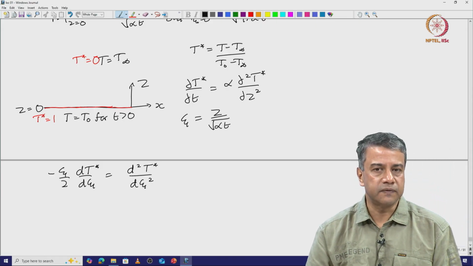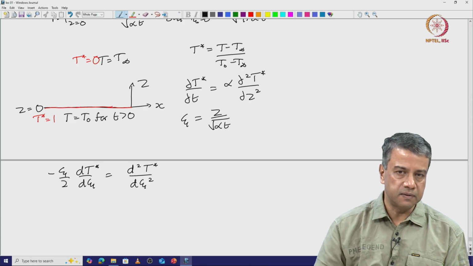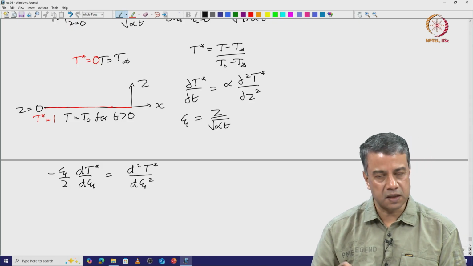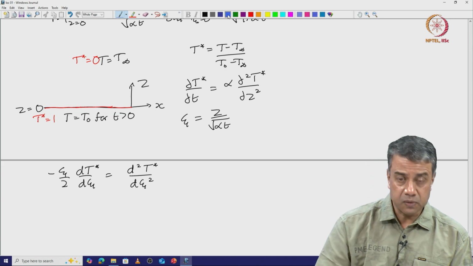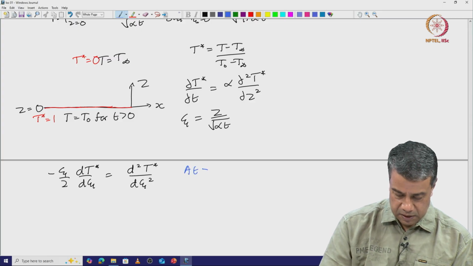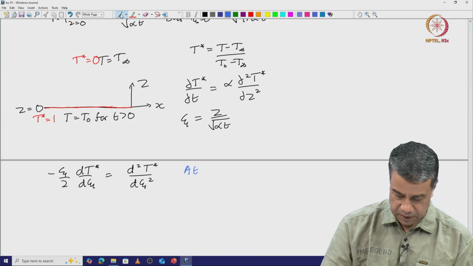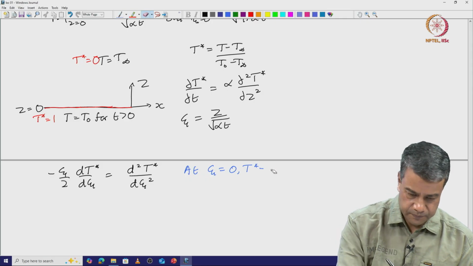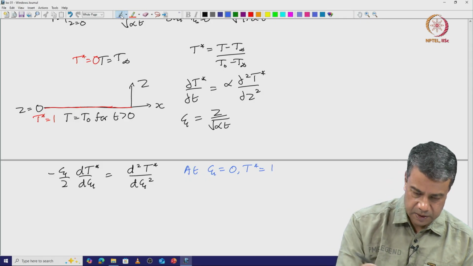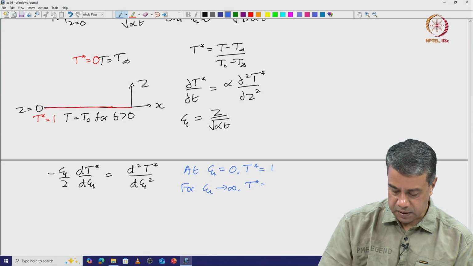We also got two boundary conditions: at psi equal to 0, T star is equal to 1, and for psi going to infinity, T star is equal to 0.